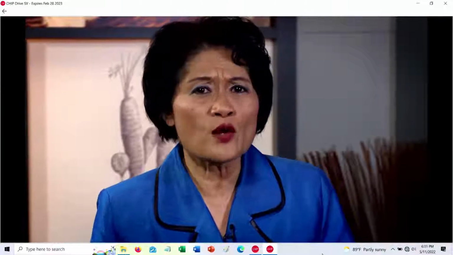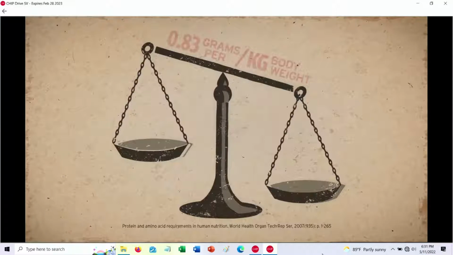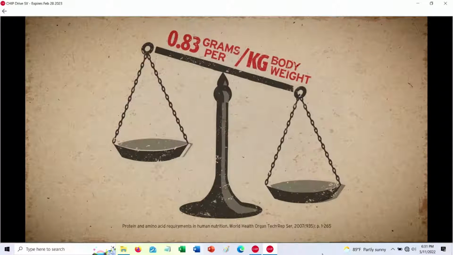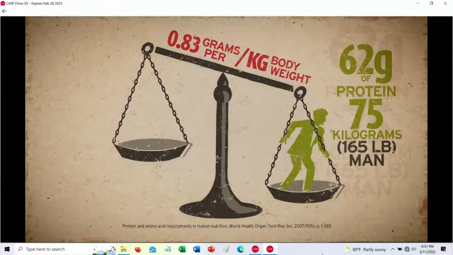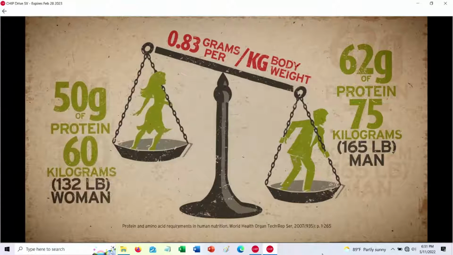Currently, the World Health Organization recommends that a healthy adult should aim for 0.83 grams of protein per kilogram of body weight, which is about 62 grams for a man who is 75 kilograms and 50 grams of protein for a woman who is 60 kilograms.